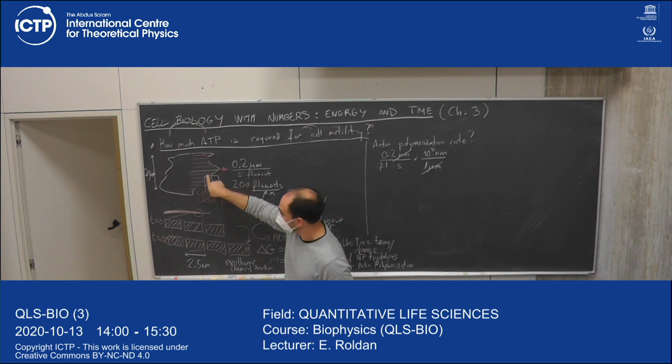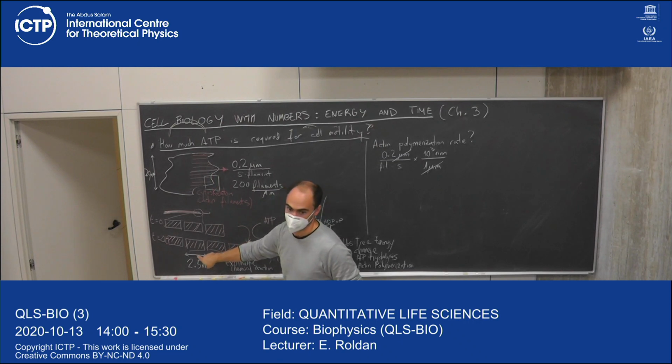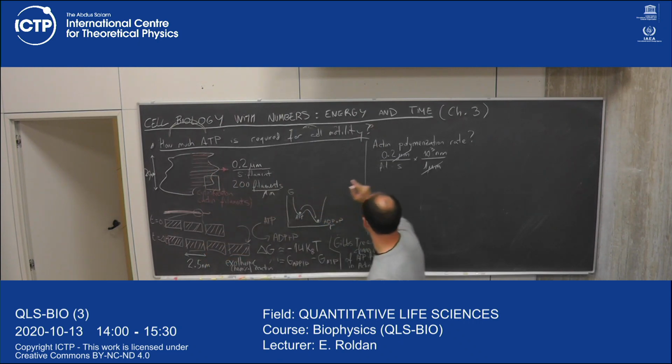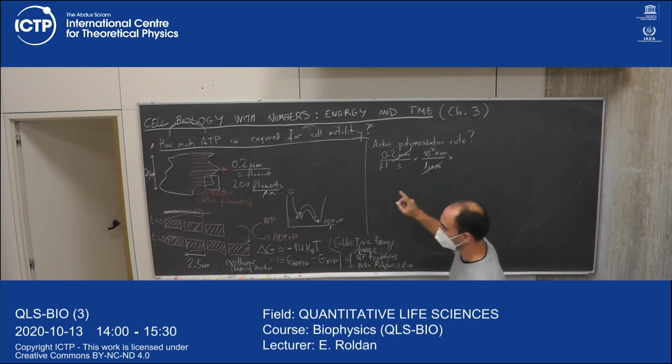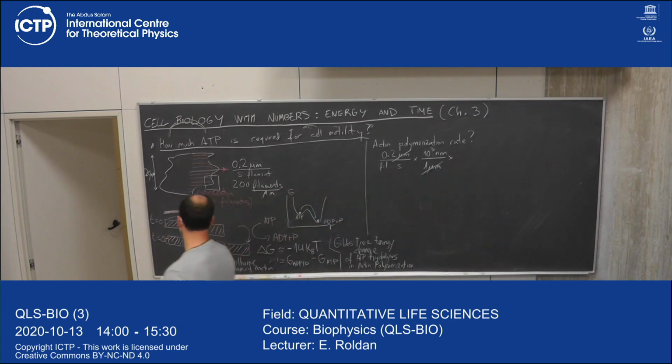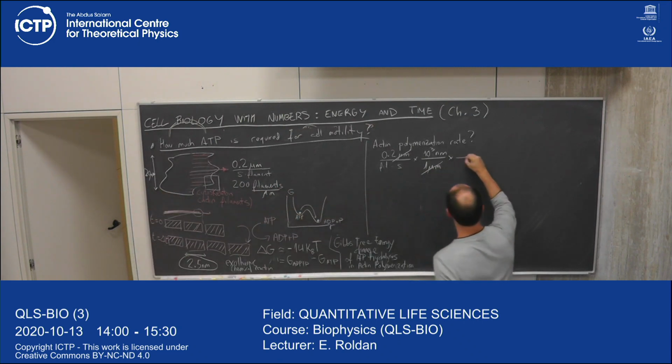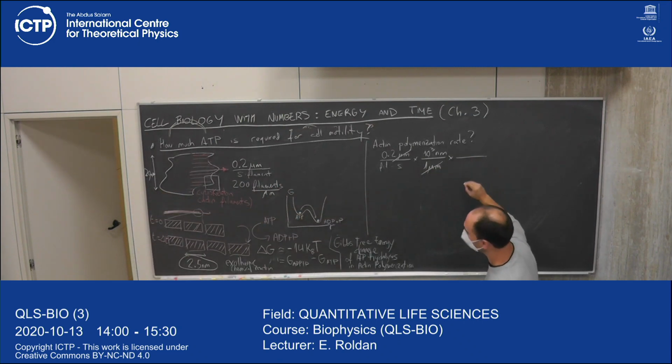And I want to know how many monomers we are adding per second. For this, I will use this number. Each monomer is 2.5 nanometers.